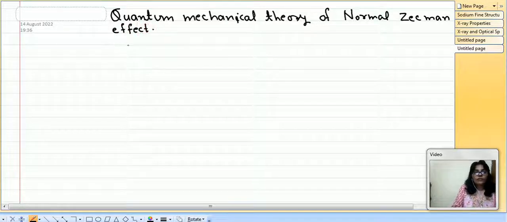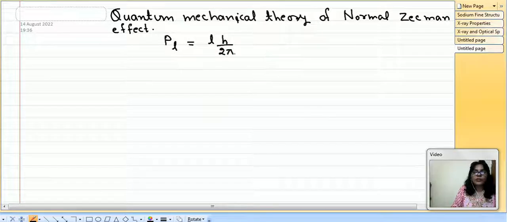Now we have the orbital angular momentum PL, and PL is written as L h-cut, or L h by 2 pi. So PL is a vector, whose magnitude is L h by 2 pi.